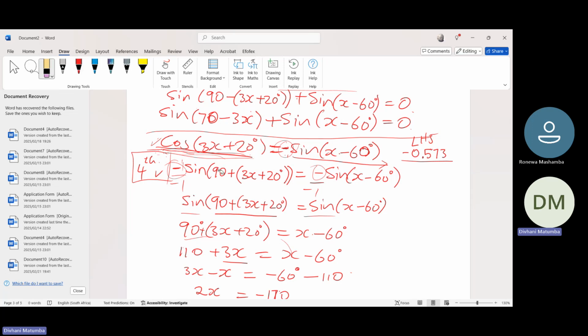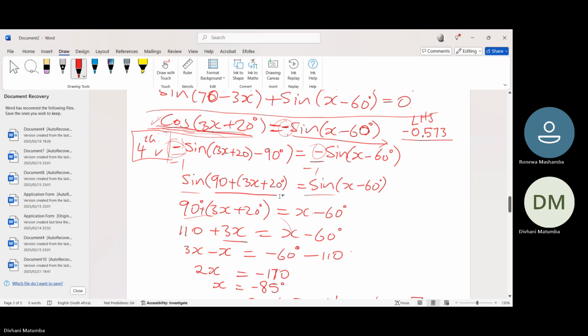Let's see. So in the fourth quadrant, you will have the angle, which is 3x plus 20 minus 90 degrees. So if we equate the two, let's see what we're going to get.